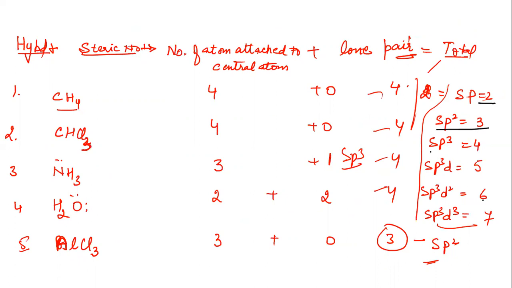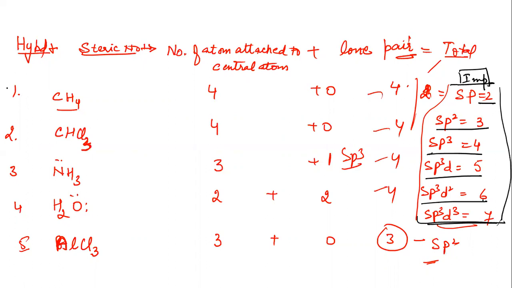If it is 3, sp2. If it is 4, sp3. If it is 5, sp3d. If it is 6, sp3d2. If it is 7, sp3d3. You have to remember these numbers. These are important. Okay? Now see, CH4.